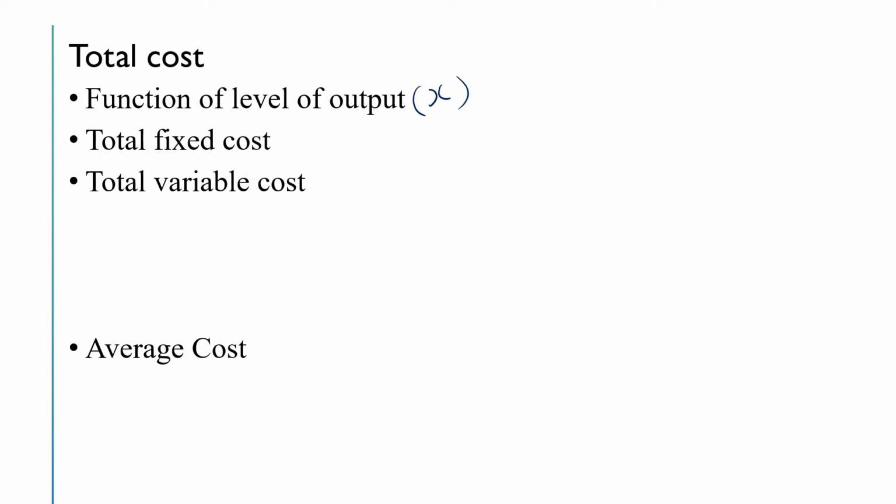So we have taken the total cost C as a function of x. This total cost C we have taken as a function of the level of output, that is, the number of units produced. The total cost is the sum of the total fixed cost and the total variable cost.